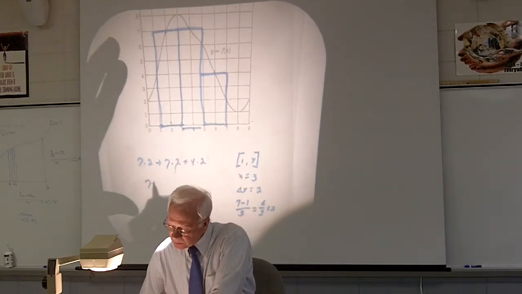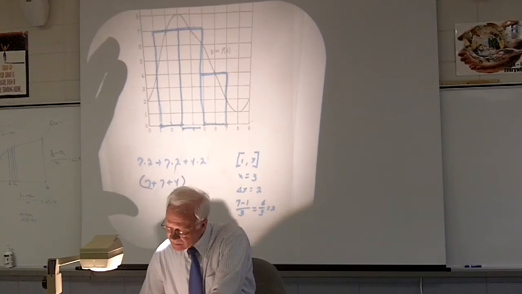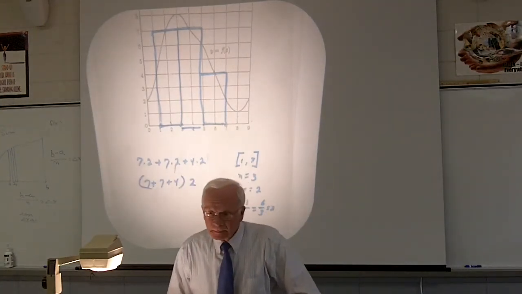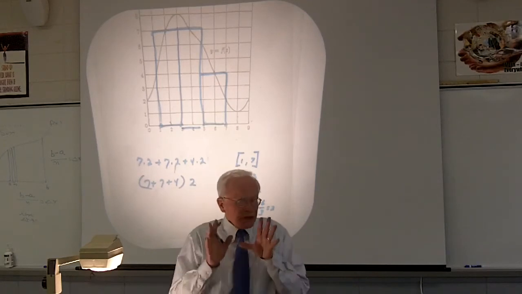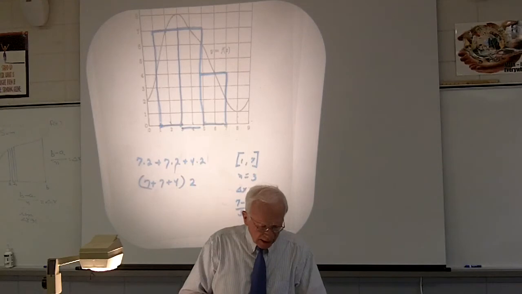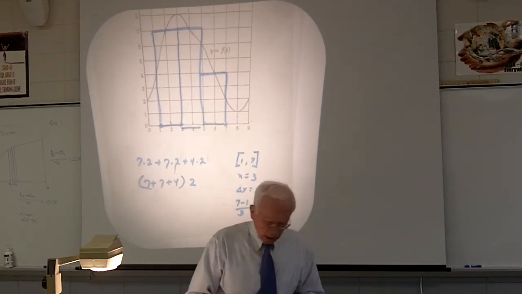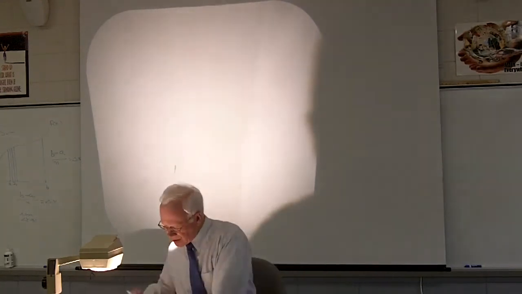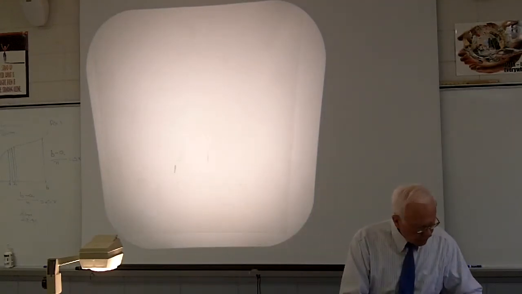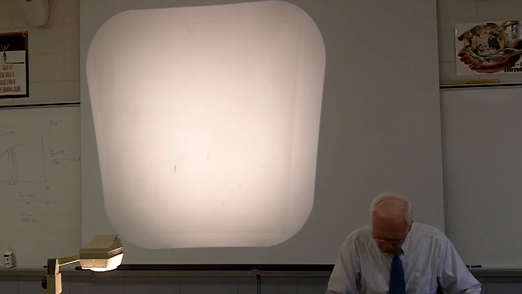So it's 7 plus 7 plus 4, times 2. What did you get? 36. Now, this is estimating, and when you leave pretty soon, we're going to look at this one coming in a minute, and then we're going to get to some other very good stuff.